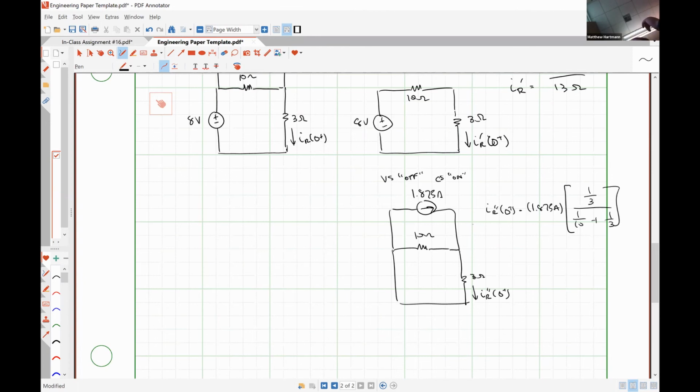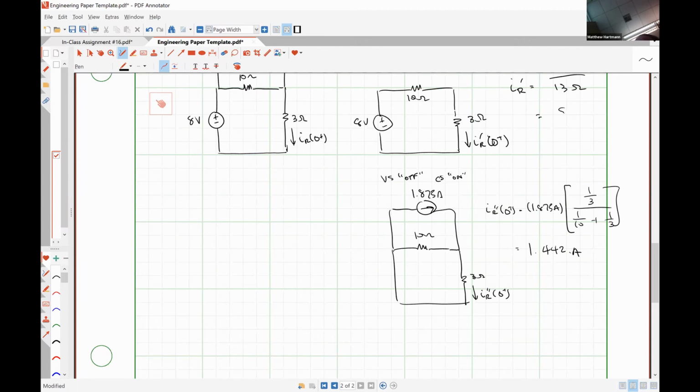And just to make sure that my sign makes sense, the current's going in, so we expect it to split this way and this way. So I don't need an extra negative sign or anything there. So that gives 0.442 amps.